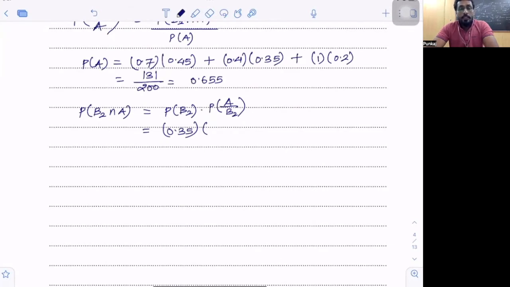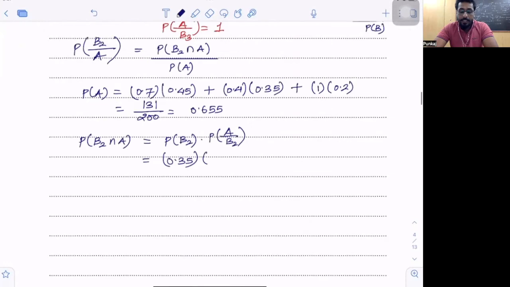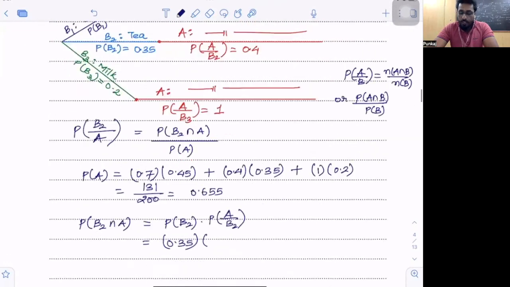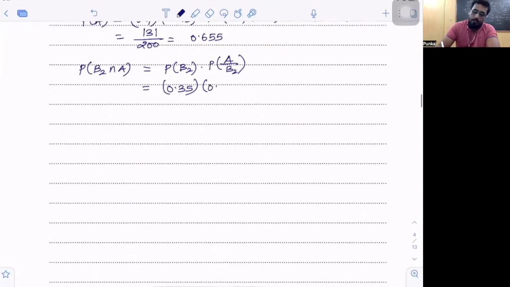So she has to take tea and then she will be taking a biscuit. So probability of A will be from the second branch that we have. So that's 0.4 here. So that should give me 0.35 multiplies with 0.4. That's 7 over 50, or I write 0.14.